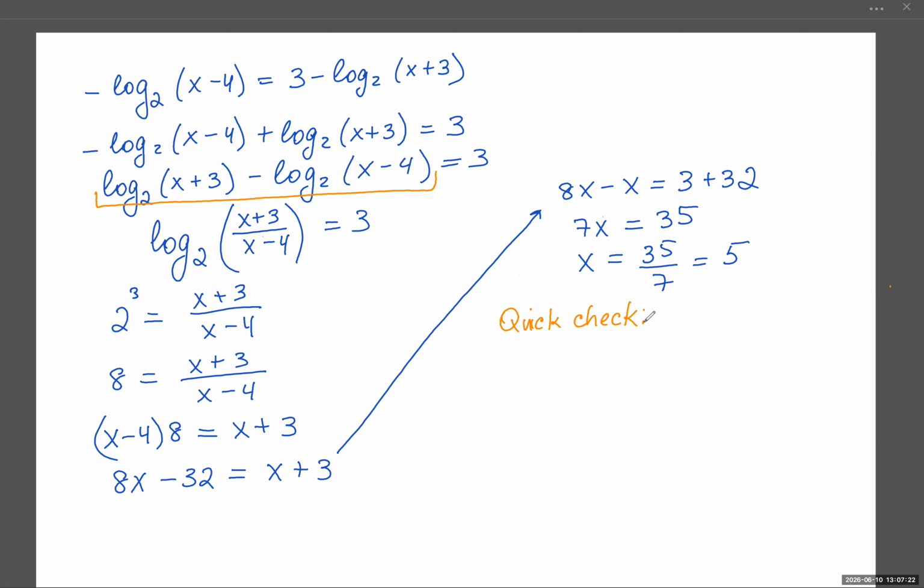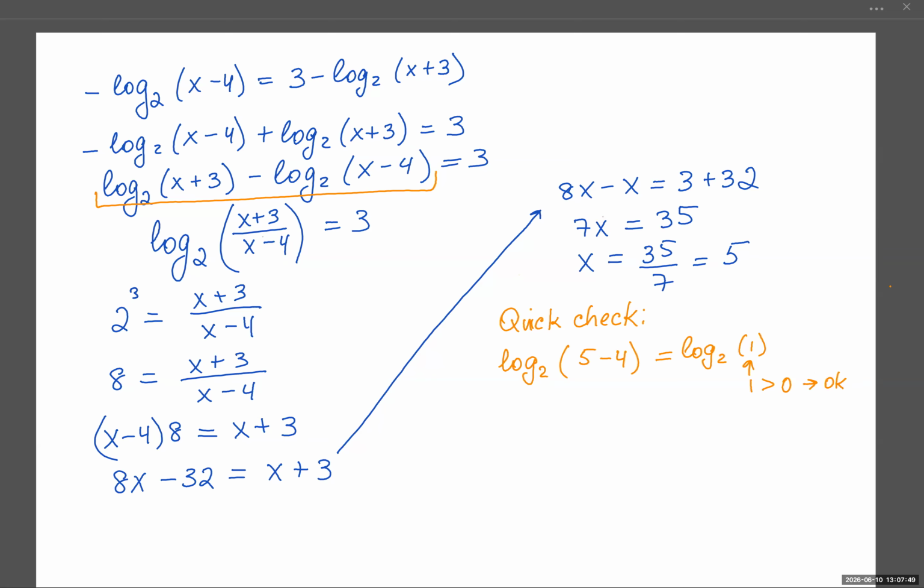In the quick check, we are just plugging the x value into the logs and making sure that the inside of the logarithmic function is greater than 0. So log base 2 of x, I'm going to plug in 5 minus 4. That's the same as log base 2 of 1. Since 1 is bigger than 0, we are okay.